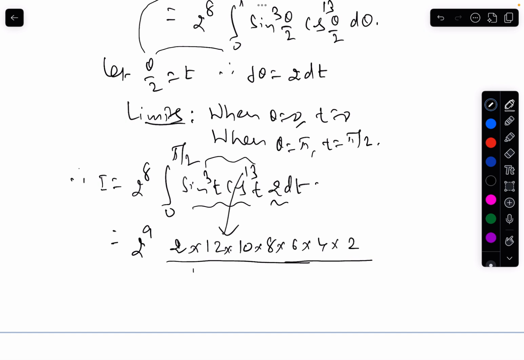And 13 plus 3, 16. Then 14, 12, 10, 8, 6, 4, and 2. And since this is not both even, you don't need to write anything here. So this we need to simplify, and we'll get the answer.